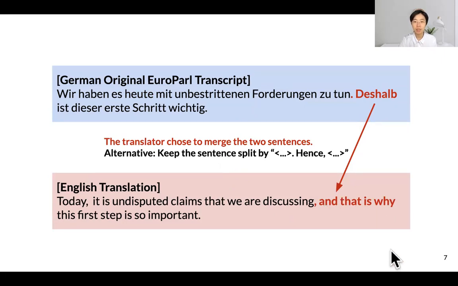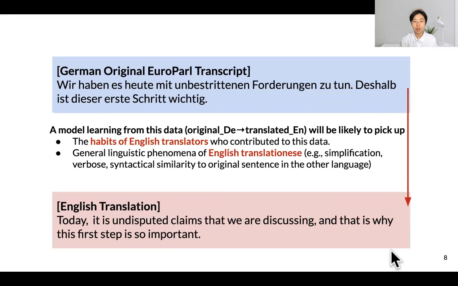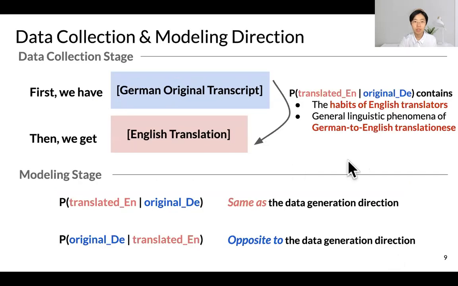That's why, based on this data, we can observe that models learning from this data, from original German to translated English, will be likely to pick up the habits of English translators who contributed to this data, and also general linguistic phenomena of English translation from German, such as simplification.